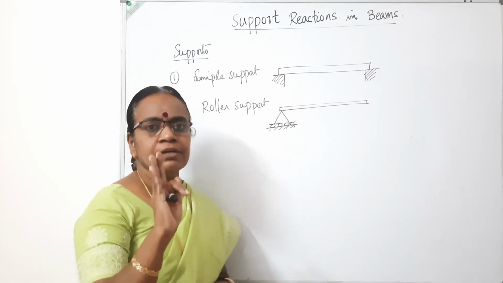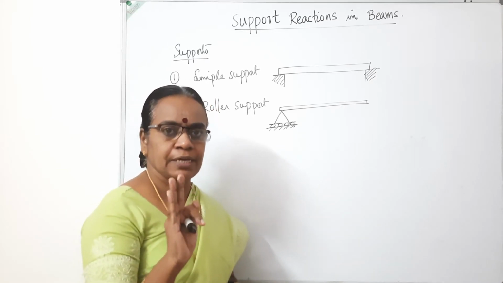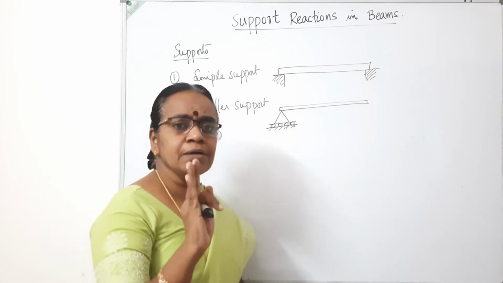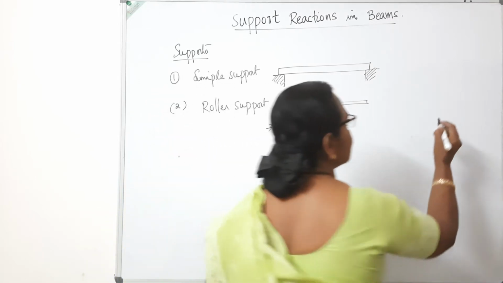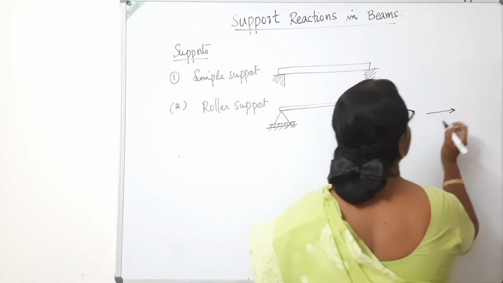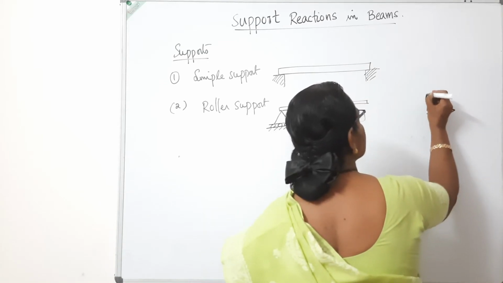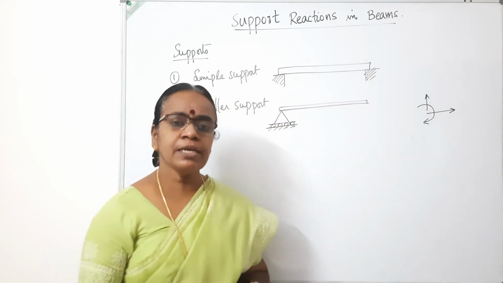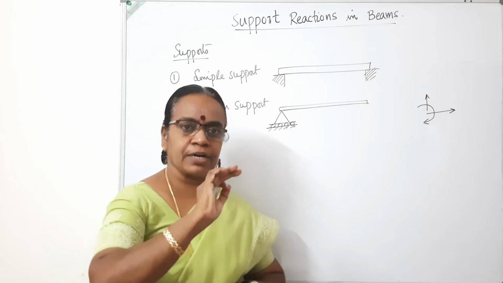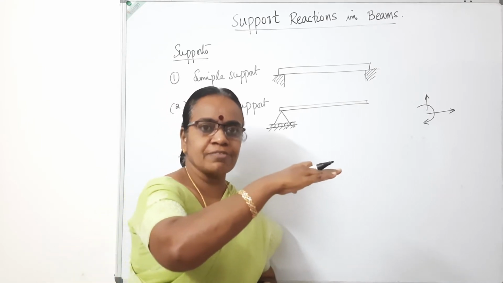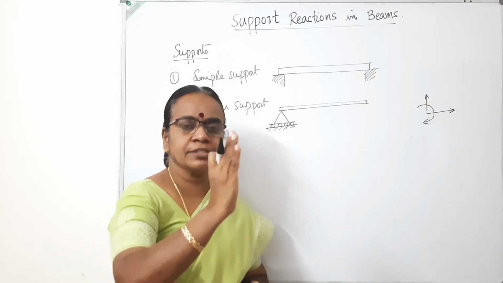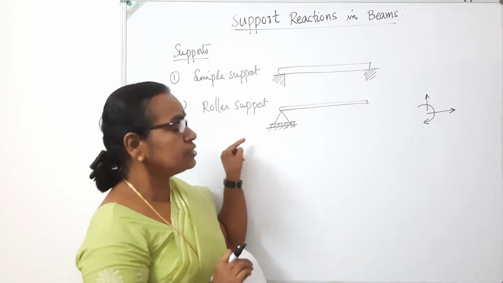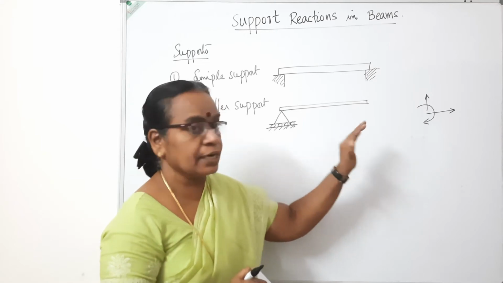Normally we have 3 types of displacements possible in a structure, or at any point we can consider 3 different types of movements. One is the horizontal movement, the other one is the vertical movement, and the third movement is rotation. So any point in space can move in 3 different ways: a horizontal translation, a vertical translation, or a rotation. So a roller permits movement in the horizontal direction.